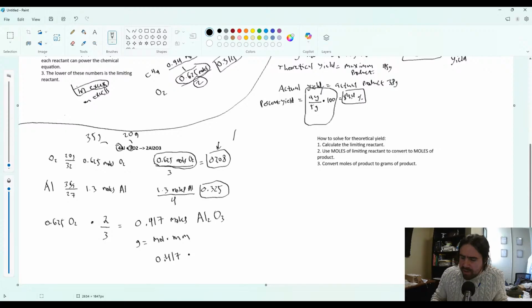Overall, 102 is the mass of aluminum oxide. Multiplying by 0.417, we end up with 42.5 grams of aluminum oxide. So that, guys, is our theoretical yield based off of starting components of aluminum and oxygen.